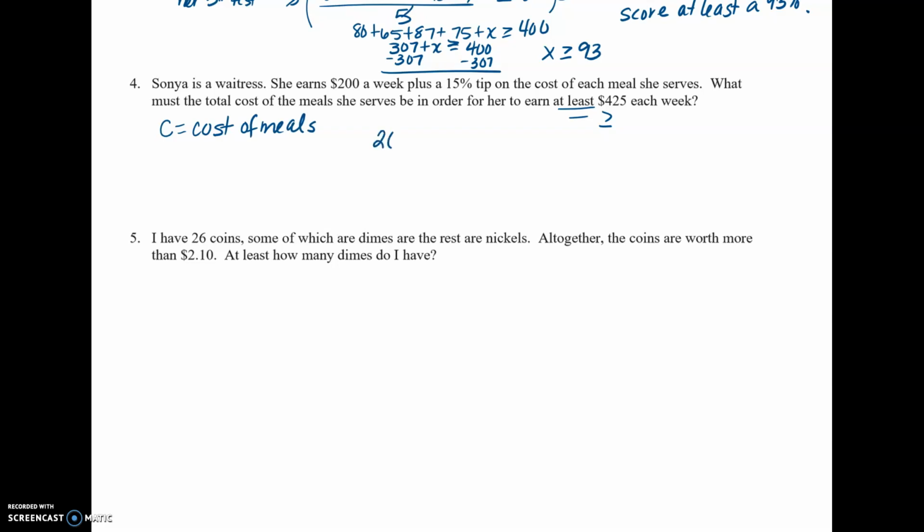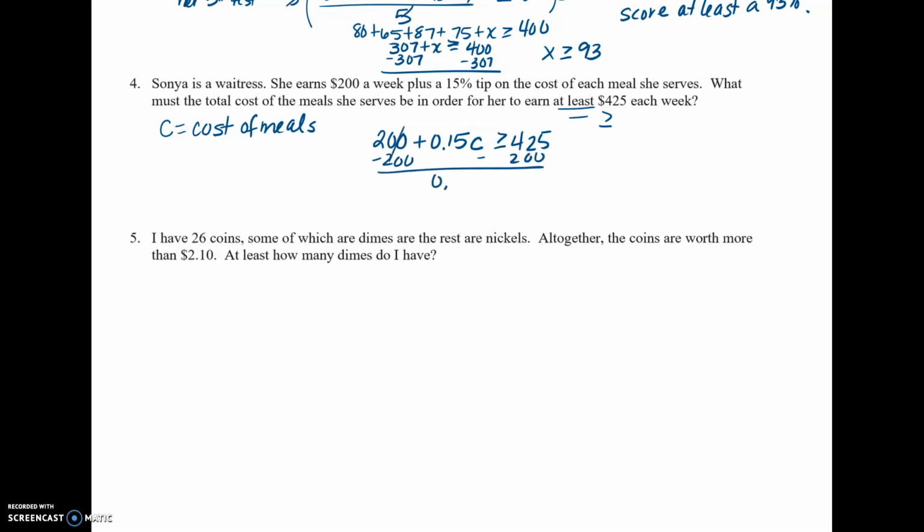So she already earns $200 a week already. But then she earns 15%, that's 0.15 as a decimal, times each meal, so that she can get at least $425. Okay? Let's go ahead and subtract the 200.